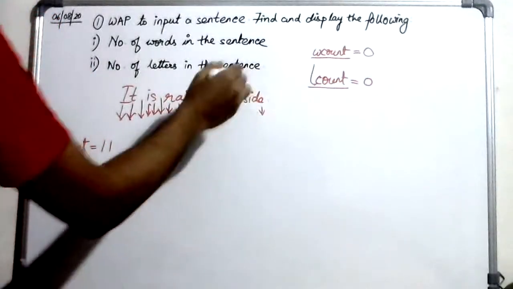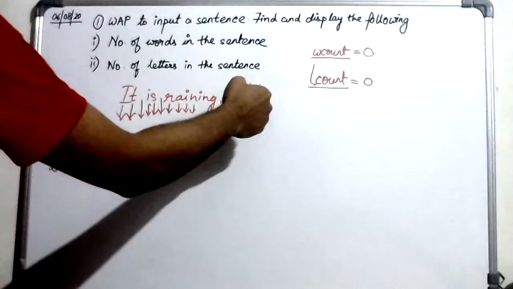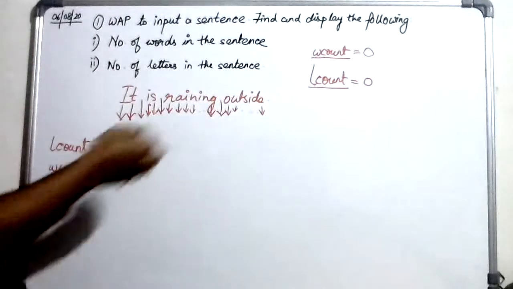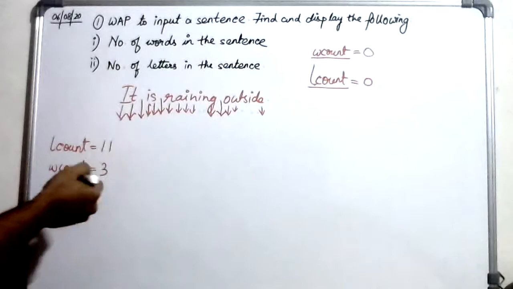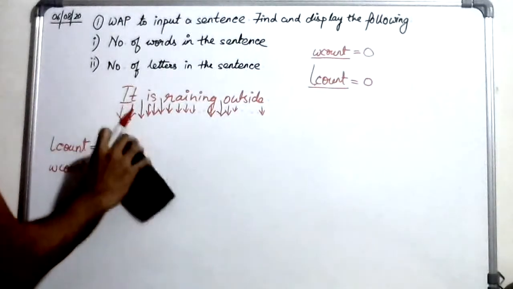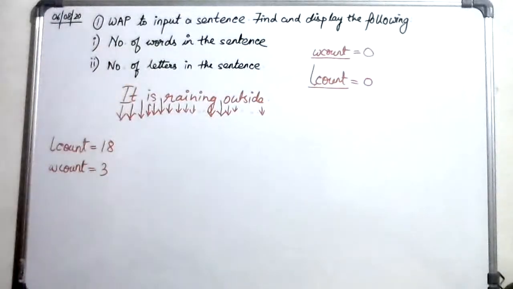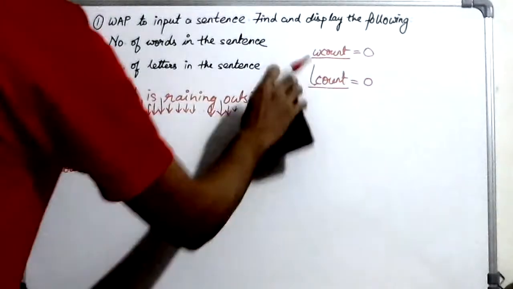Once we have extracted the last letter, the L count value will ultimately become 18. And we have come to the end of the sentence.